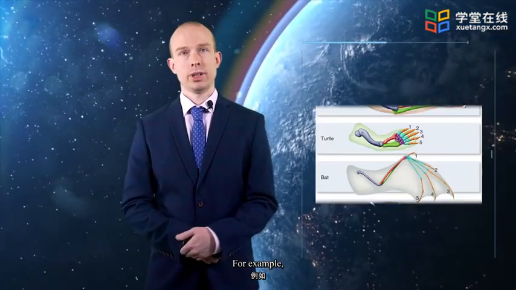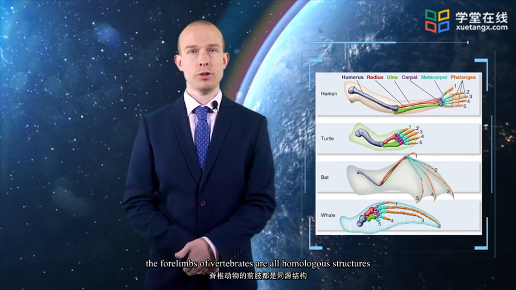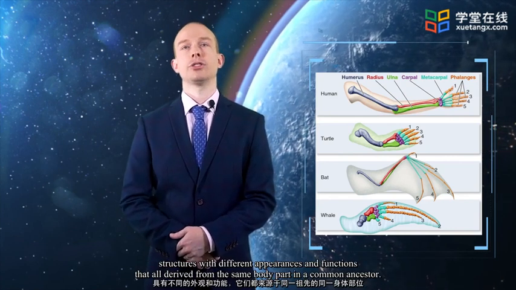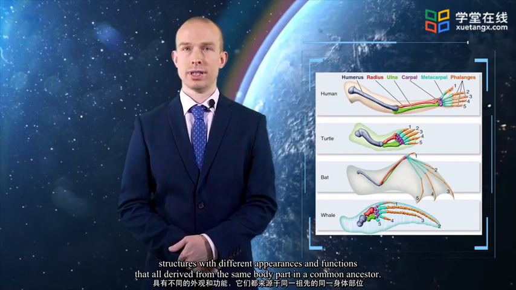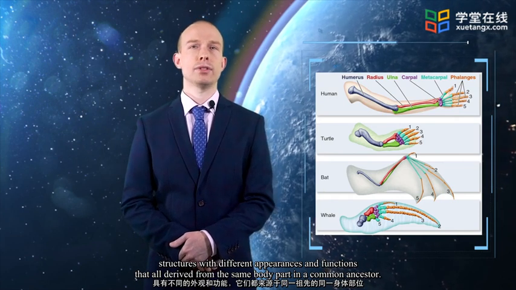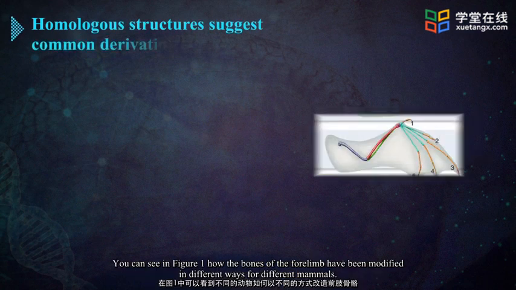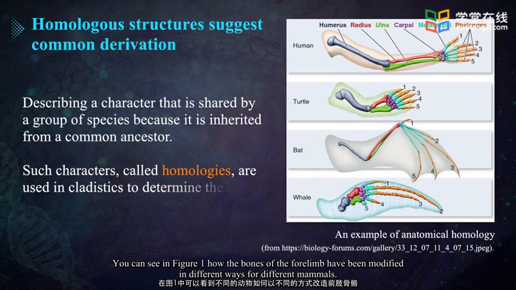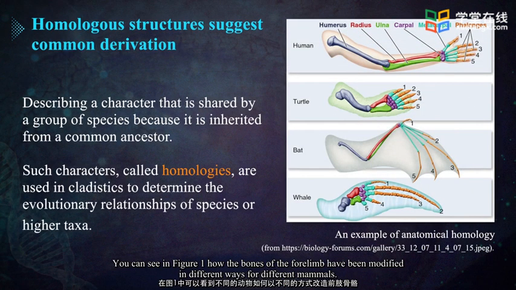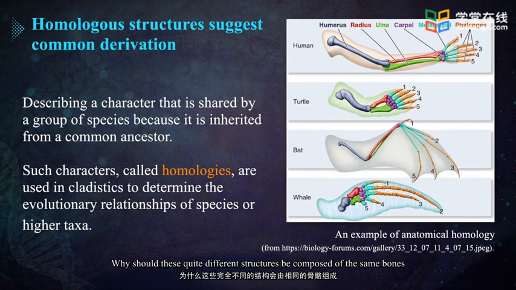For example, the forelimbs of vertebrates are all homologous structures with different appearances and functions that all derived from the same body part in a common ancestor. You can see in Figure 1 how the bones of the forelimb have been modified in different ways for different mammals. Why should these quite different structures be composed of the same bones?